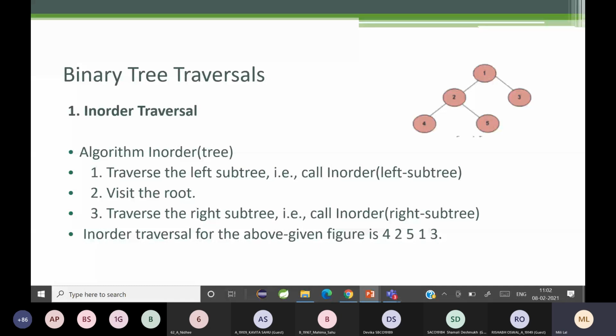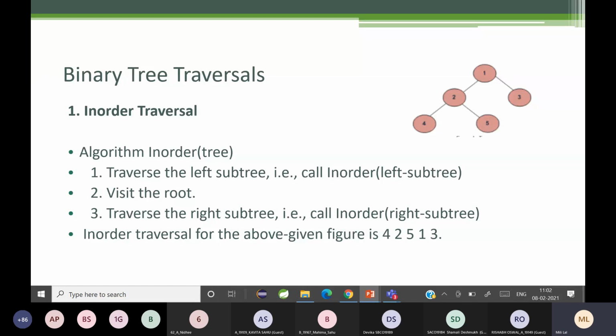Can you see my slide? Now the algorithm says when you traverse using in-order traversal, first you traverse the left subtree, and then you visit the node, then you traverse the right subtree.